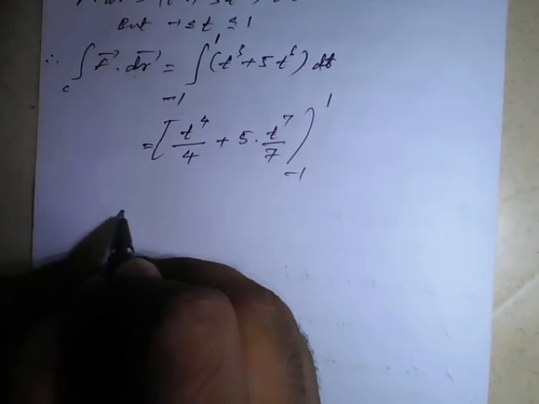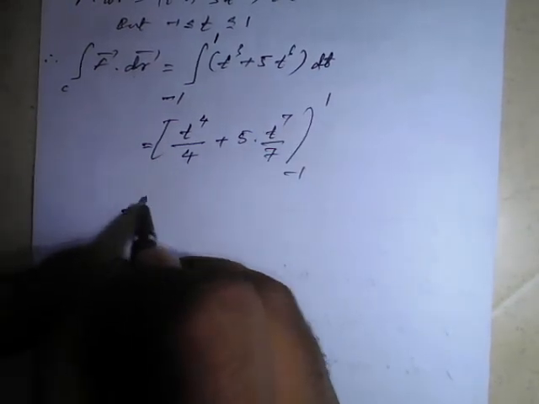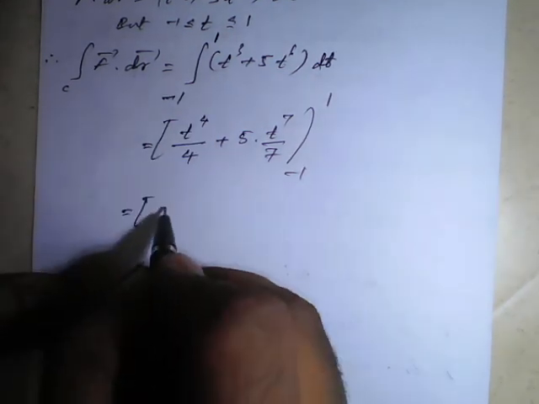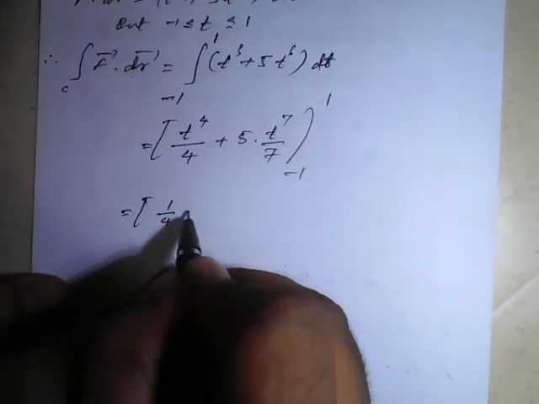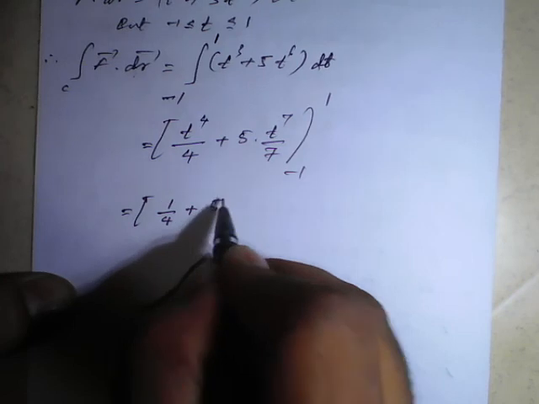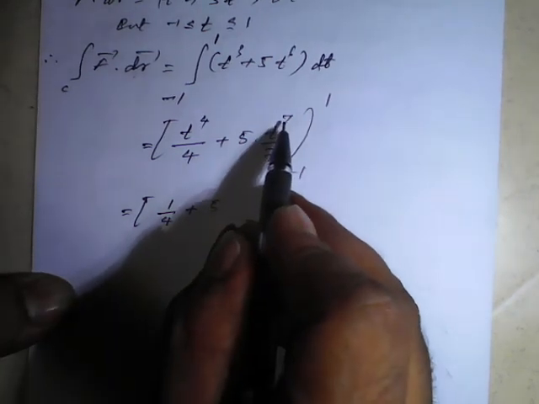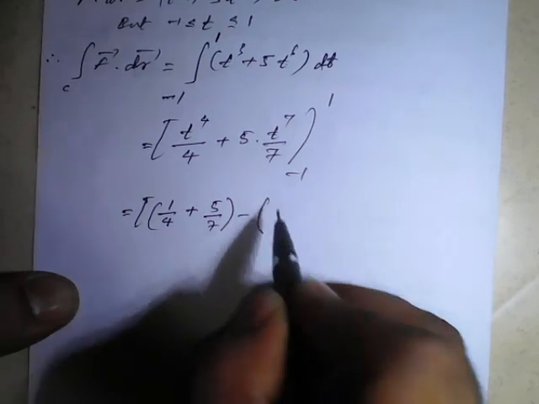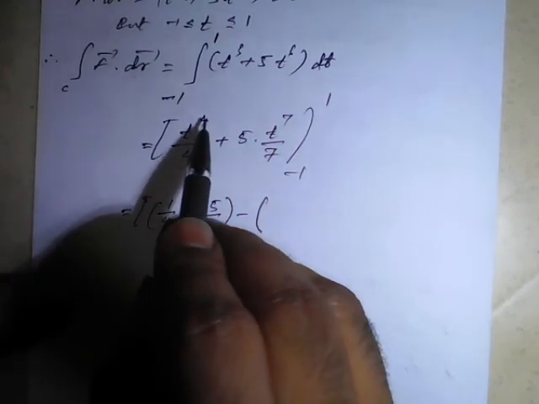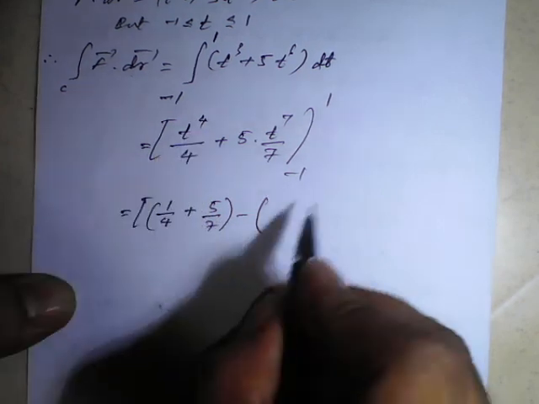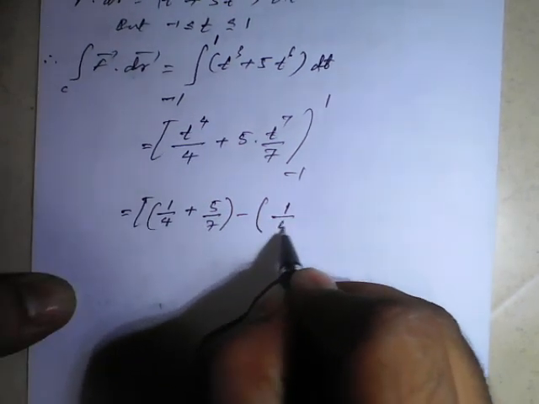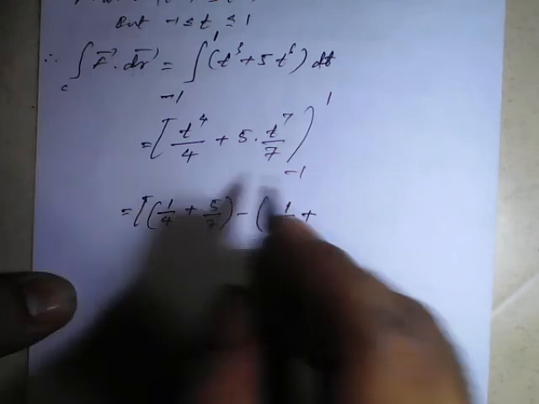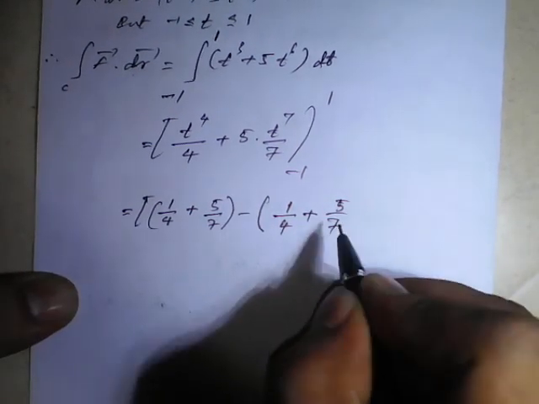So therefore apply the upper and lower limit. If you apply the upper limit, 1 raised to 4 will become 1 upon 4 plus 5 into 1 raised to 7 is again 1, 5 upon 7. This is upper limit minus lower limit. So the lower limit is -1 raised to 4, that is even power, so it will become +1 only, it is 1 upon 4 plus 5 upon 7 as it is.